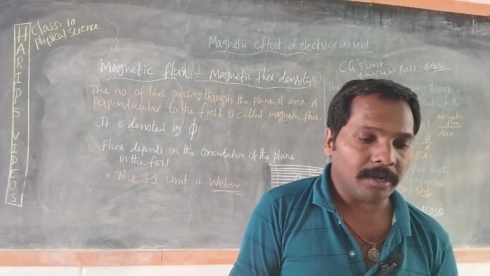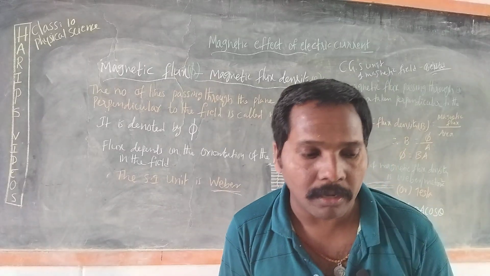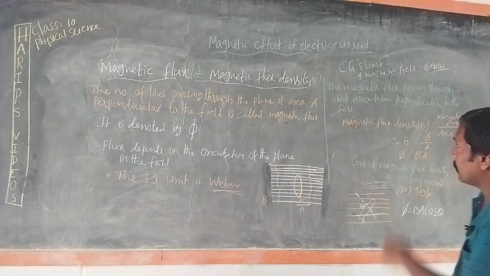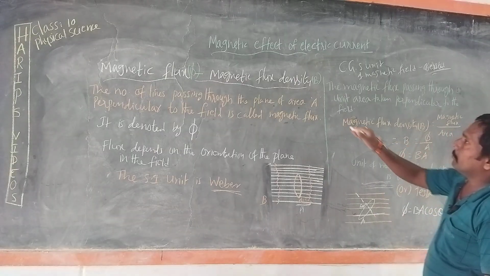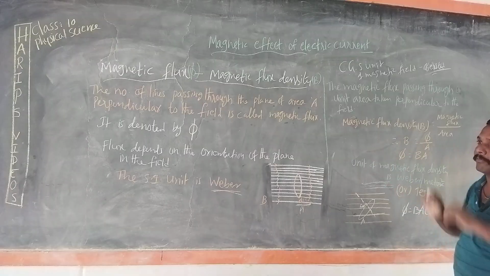The strength of the field is technically called magnetic flux density. So magnetic flux density means the strength of the magnetic field.